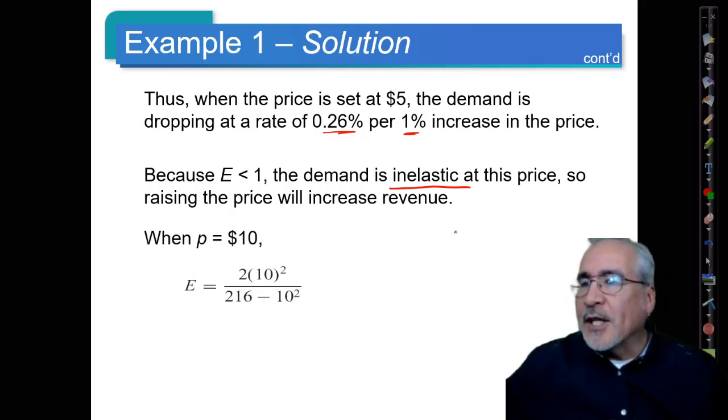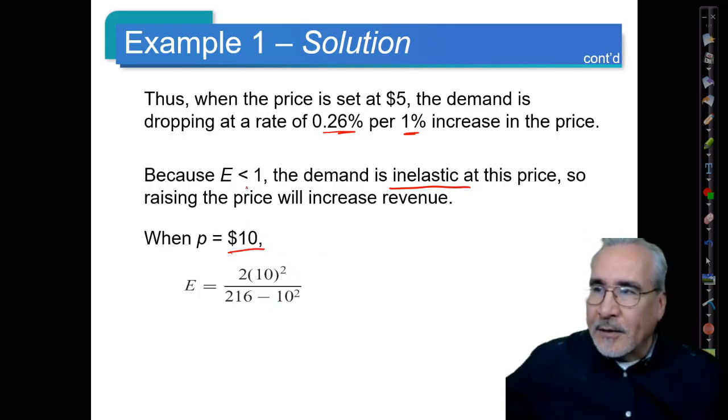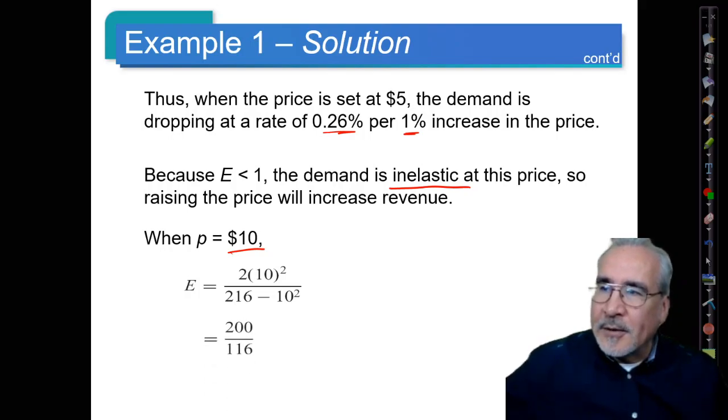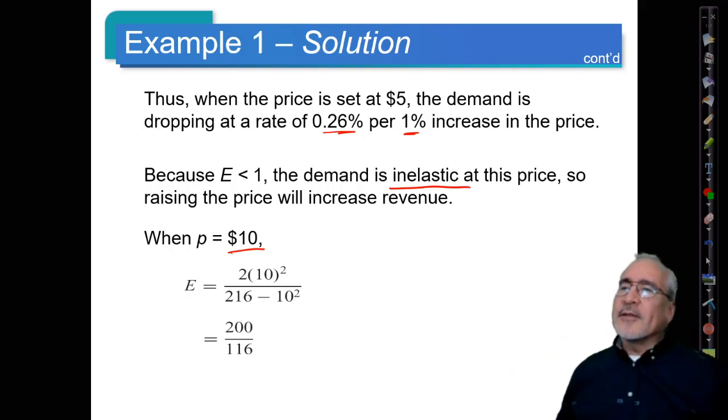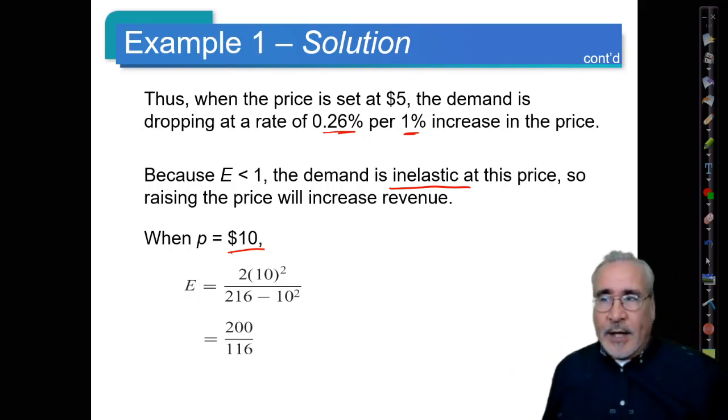Okay, we check when it's equal to 10, so let's see what happens at 10. We do the math here, so that should give us 200 in the top and 16 in the bottom, right? Oh no, it's not multiplied by 2, so 116 in the bottom. We see we're going to end up with a number greater than 1. In fact, it's 1.72.